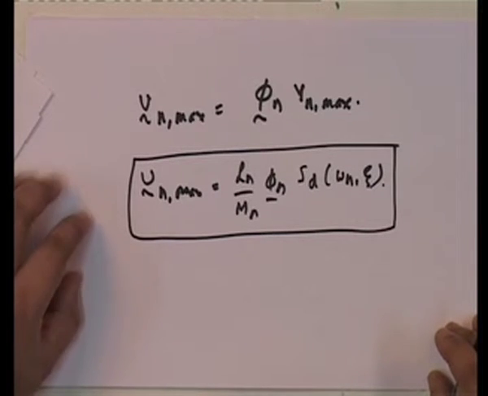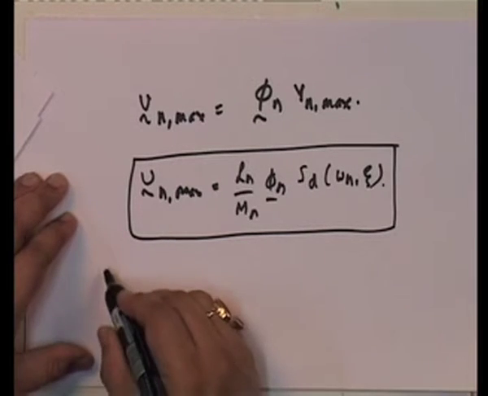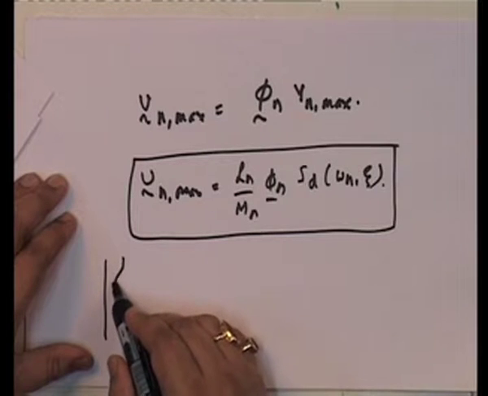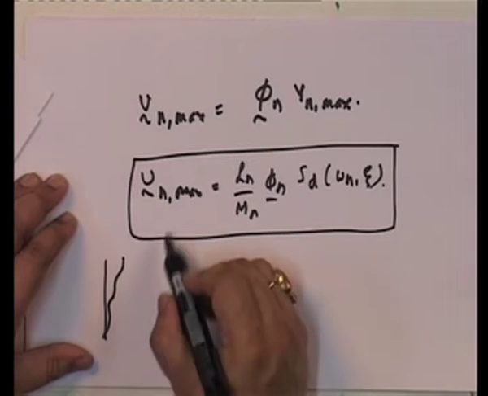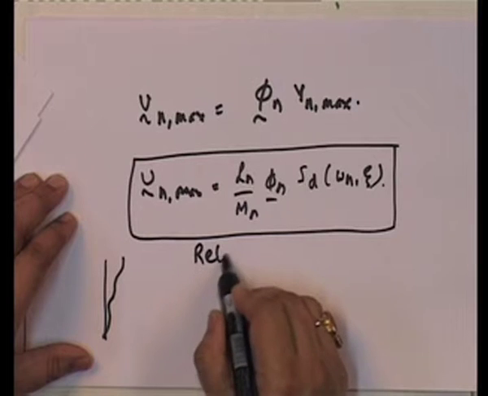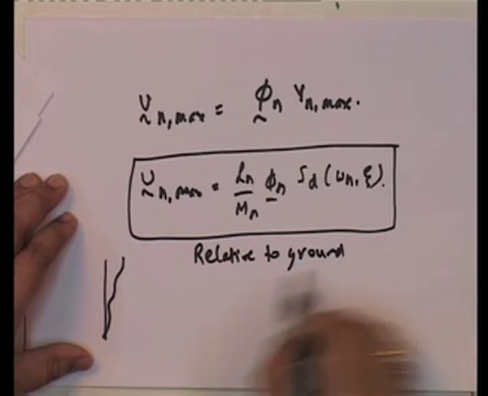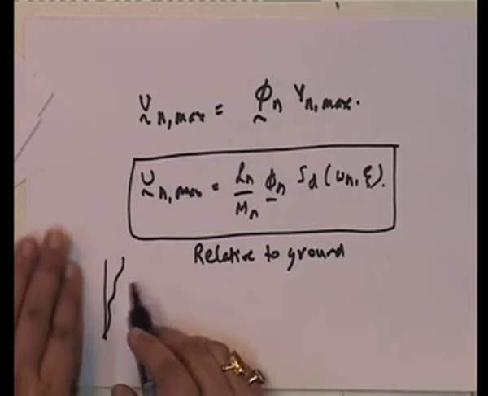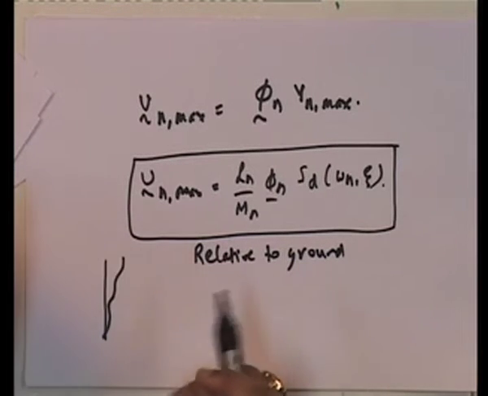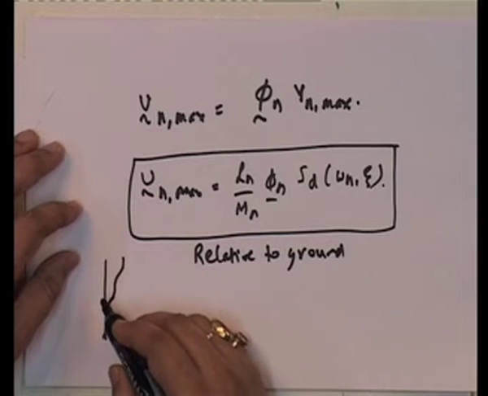Now, can I find out? So, this is a displacement pattern that we have. And by the way, this is relative to ground. Please note that. So, this is essentially the deformation of the structure that we are looking at.